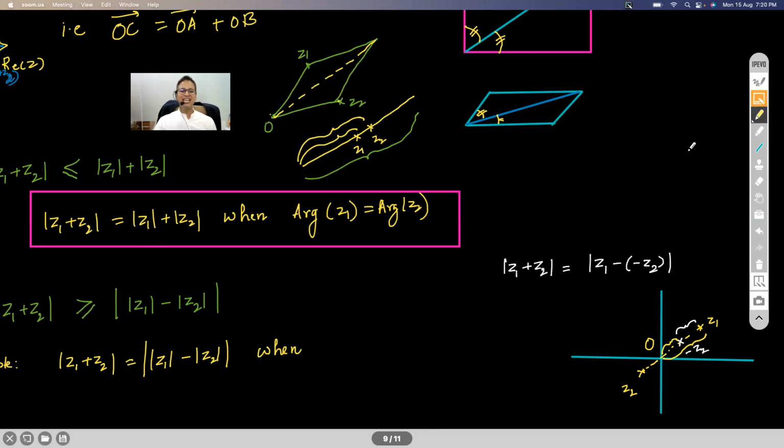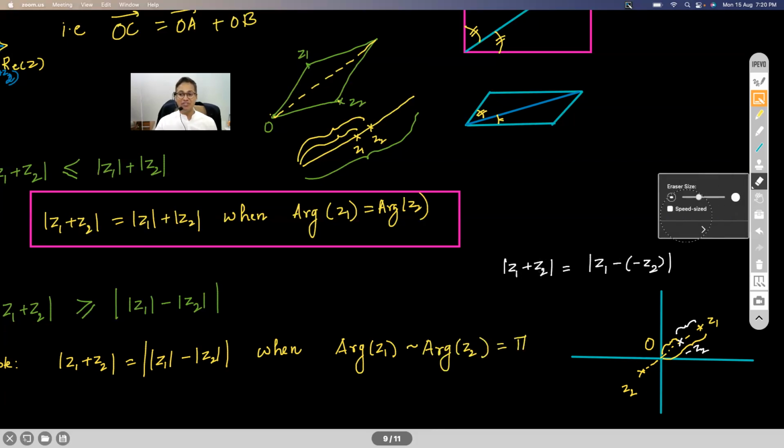So now looking at this situation, what can you comment? You can comment that in this case, the difference of the argument of z1 and z2 should actually be pi for this to happen. Why I have taken the difference is because one of the arguments will be positive, the other will be whatever. The difference is what should be pi. Whichever of the two is greater doesn't matter.